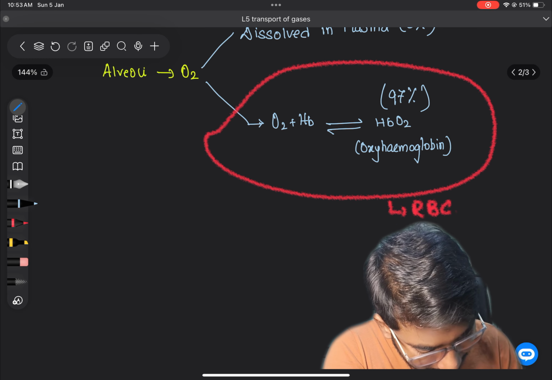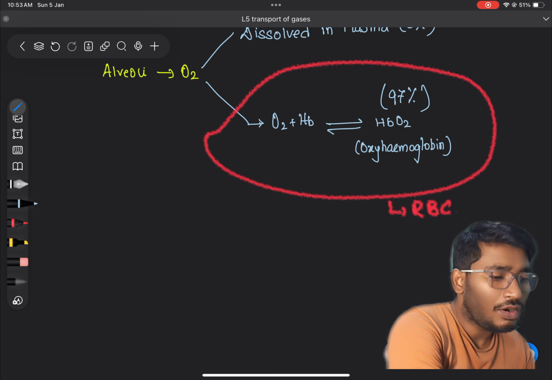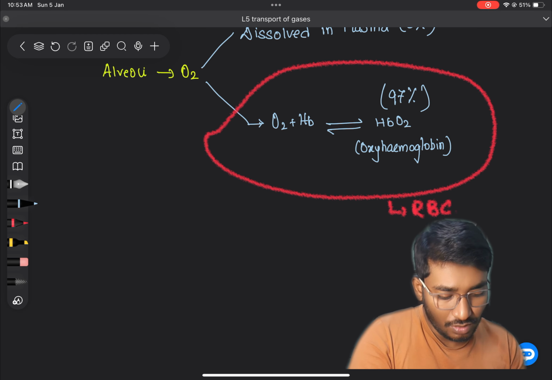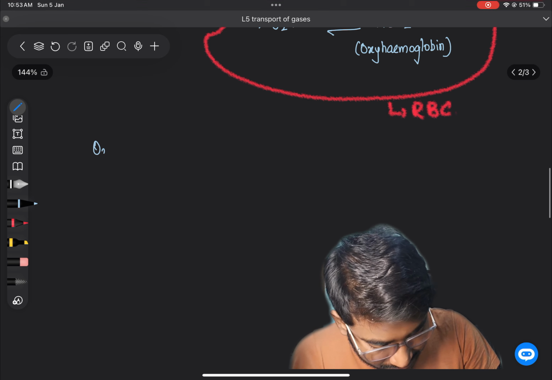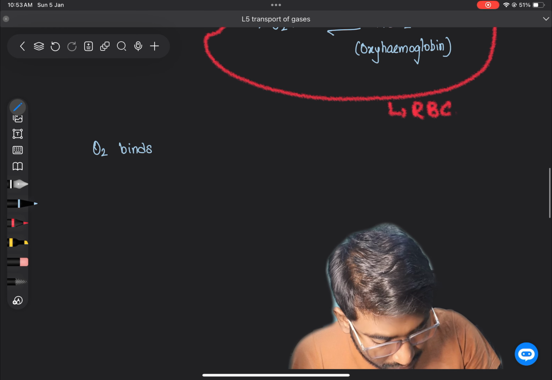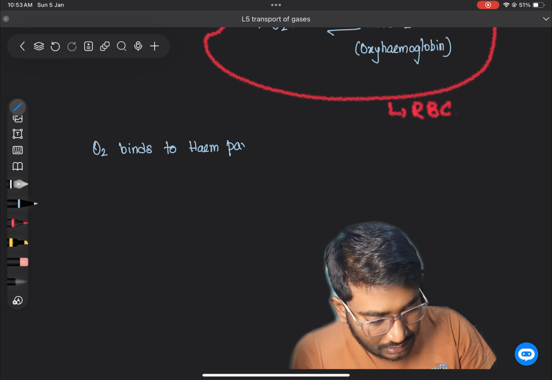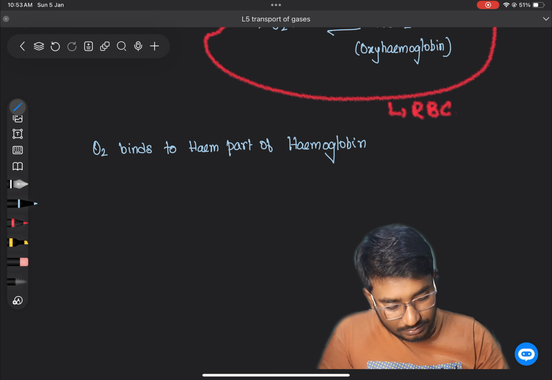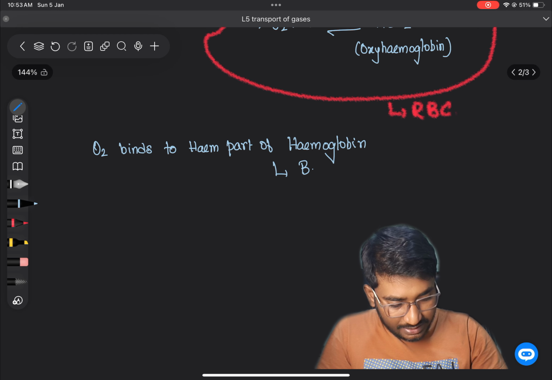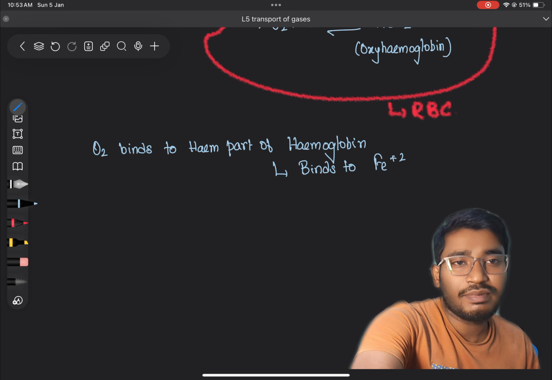Now oxygen binds to the heme part of hemoglobin, to the Fe2 plus part, the iron part.